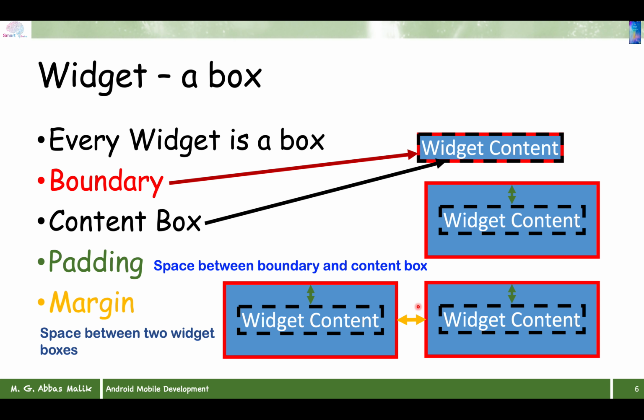Padding is the white space between the boundary and the content box, but inside the widget box. On the other hand, the margin is the white space that we leave between two different widgets, outside of the widget box. So these are some specific terminology that we have: boundary, content box, padding, and margin.